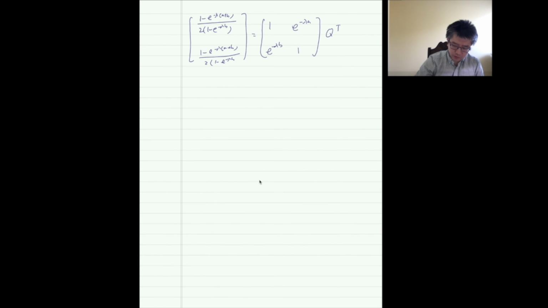Therefore we know qt equals the inverse of this guy times that, so we just compute it, and then multiply mu1, mu2.